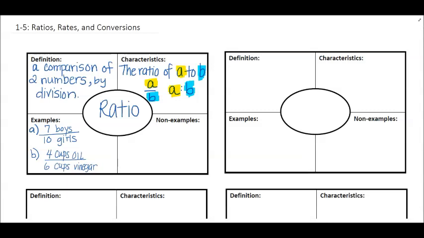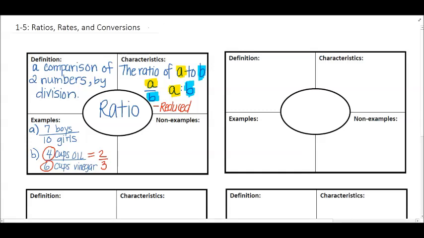We should always reduce our ratios. So 4 and 6, we can reduce those by 2 and really get a ratio of 2 to 3. So let's add that to characteristics. Ratios are always reduced. They can start off not reduced, but we should reduce them.